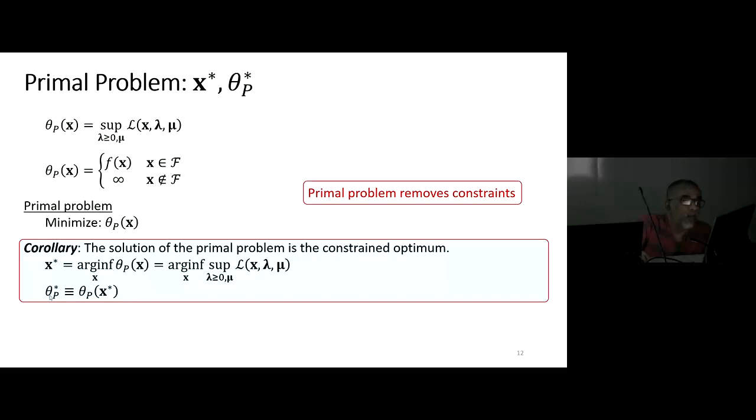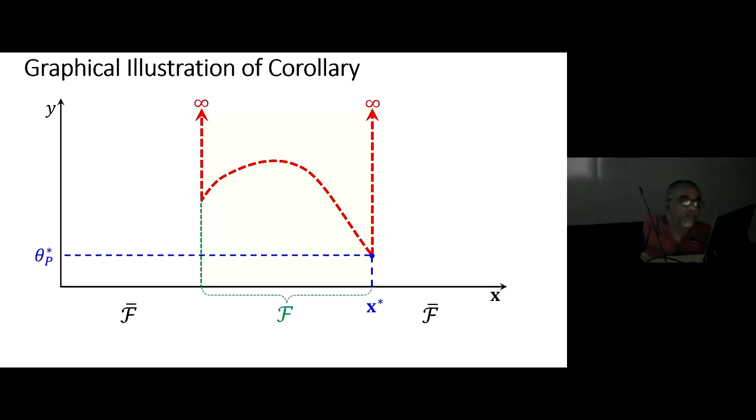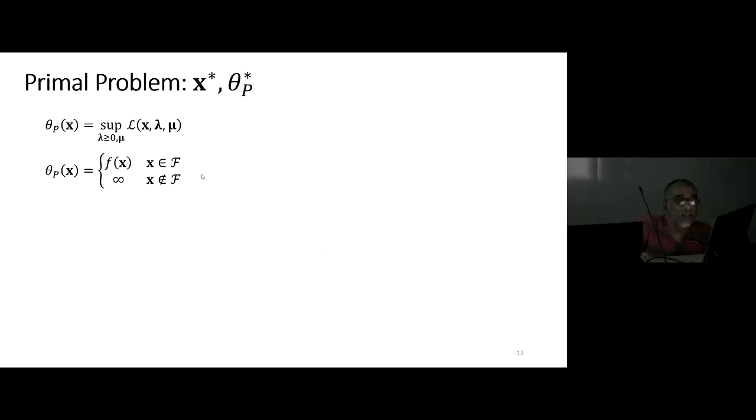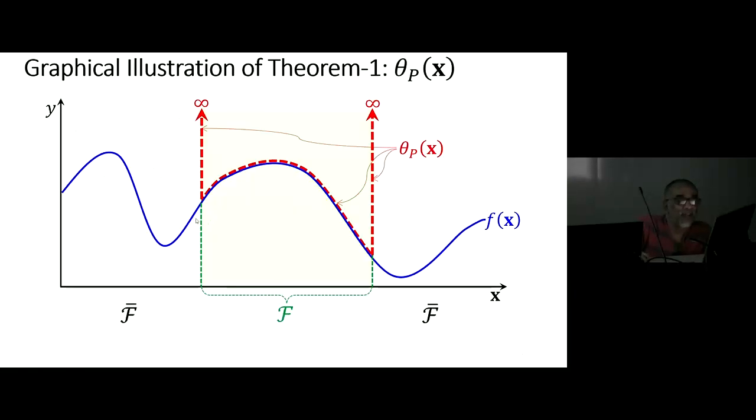Okay, and we will call that the value of the objective function, the same as the value of the primal function, theta p star. So this is x star and this is theta p star. Now here it's in the boundary between the infeasible and feasible, but that depends on the shape of this function here.